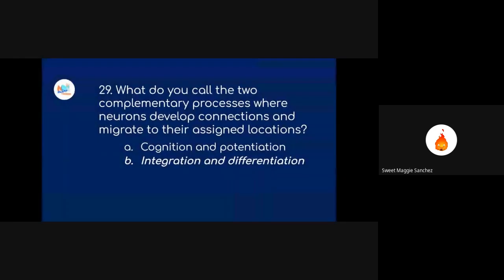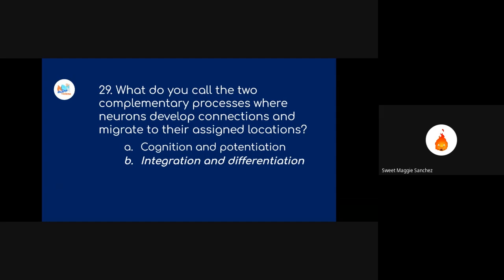Okay. Number 29. What do you call the two complementary processes where neurons develop connections and migrate to their assigned locations? The correct answer is integration and differentiation. Yung cognition and potentiation, made up ko lang yan para ma-throw off guard kayo. Pero yung correct answer talaga is integration and differentiation.